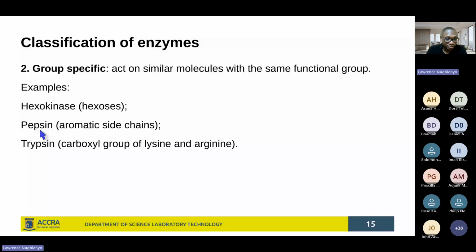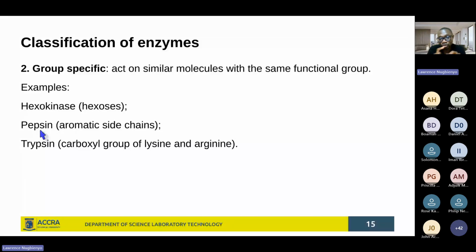Similarly, you have trypsin that will also be acting on the peptide bonds that amino acids lysine and arginine form at their carboxylic acid end with other amino acids.